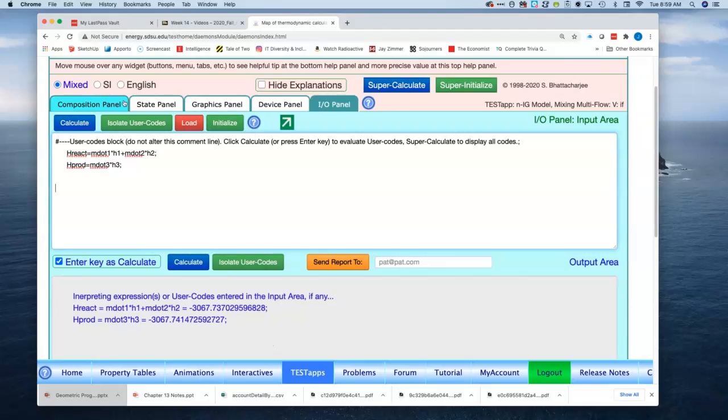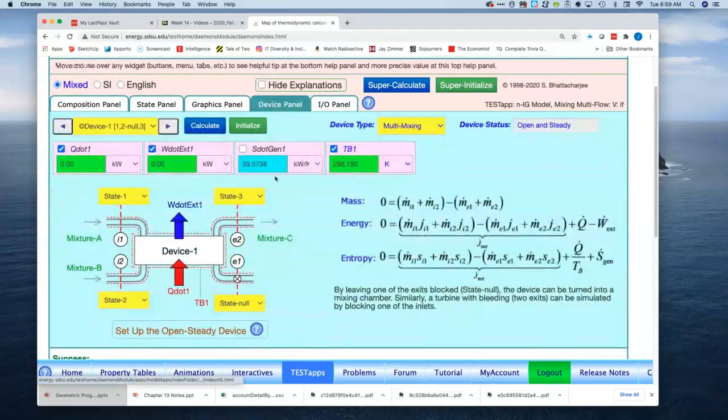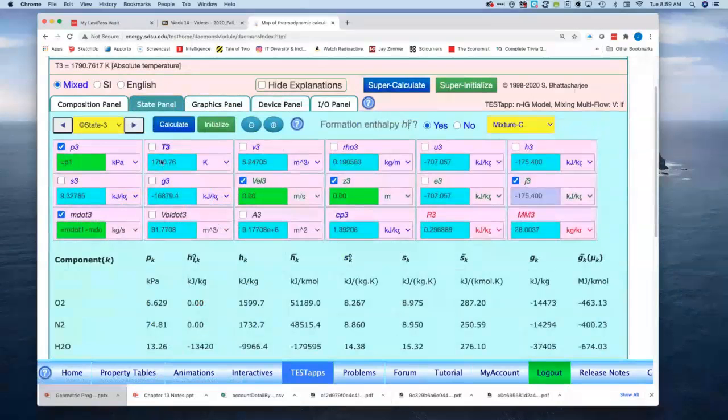And so when the software, upon looking at the device panel and recognizing that the heat transfer was 0 with no work, it had to come back and iterate on this value right here until, as you can see, the J3, which is related to the enthalpy and the m dot, became a certain number. And so that's how it calculated that value.